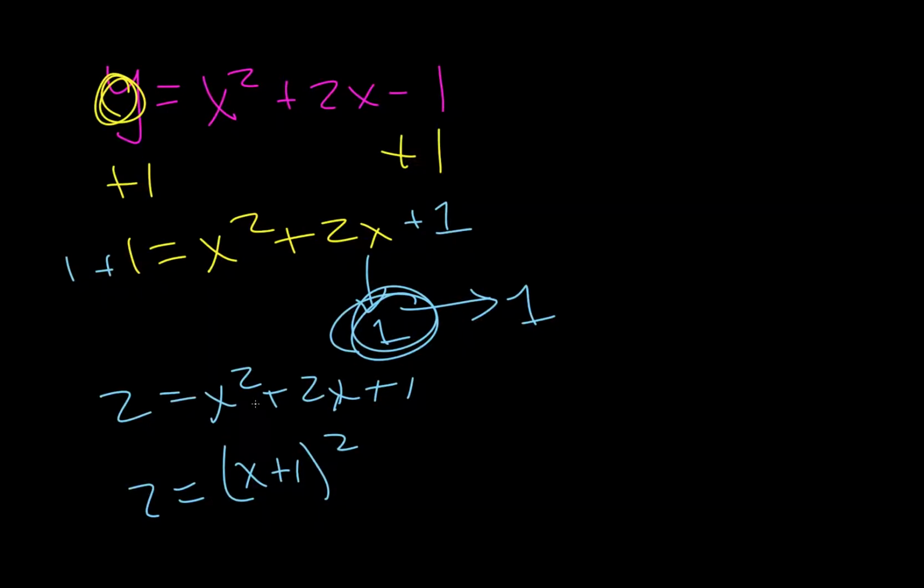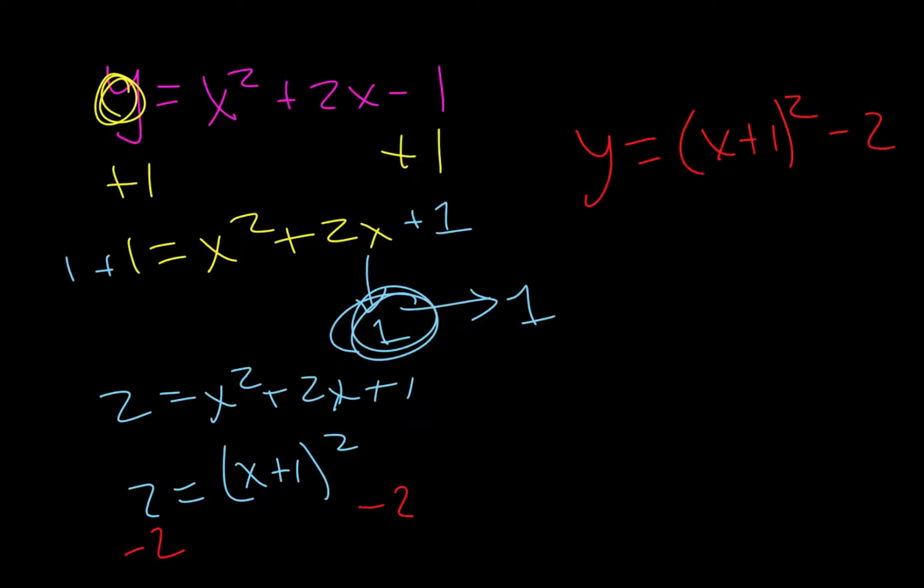Okay, and then that's where we stopped on day 1 of the video, and that's where we're going to stop and then do something different. So we're not going to solve for the x. Now what we're going to do is move this onto this side, and we end up getting y equals x plus 1 squared minus 2.